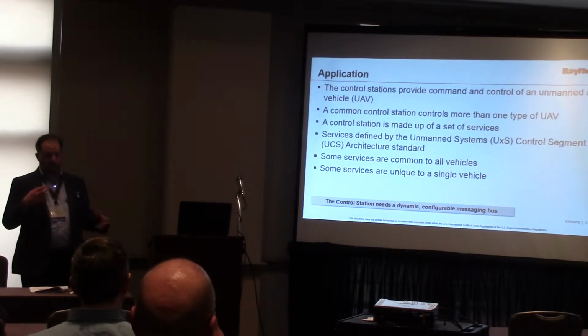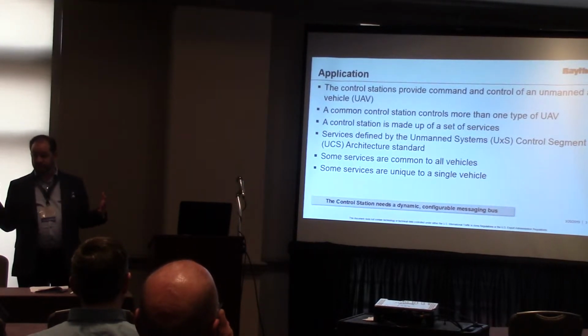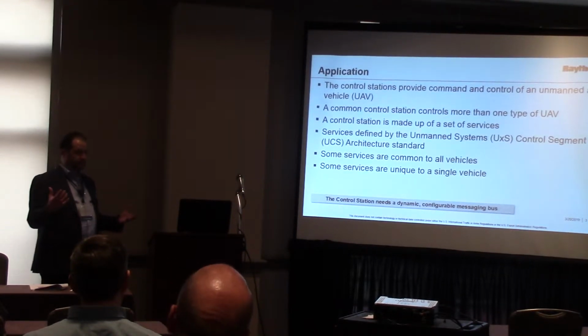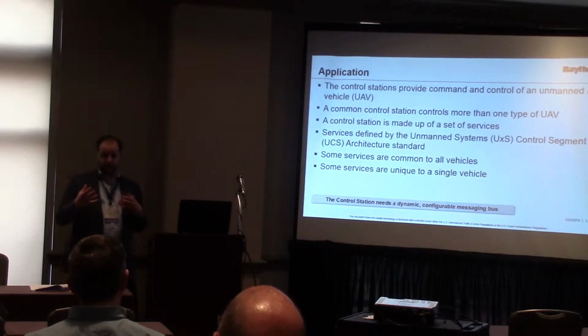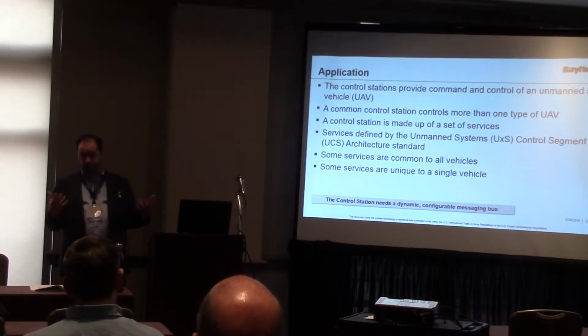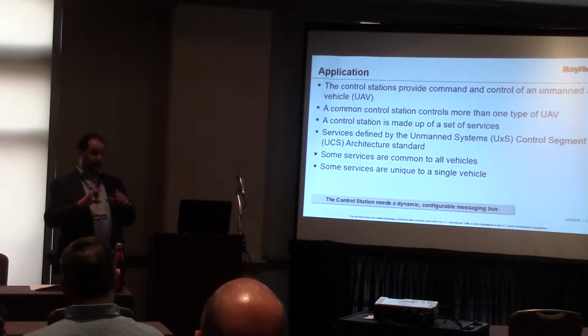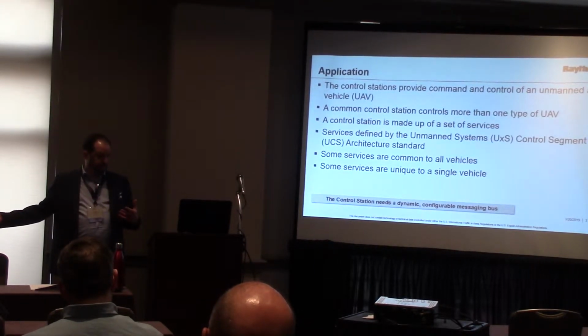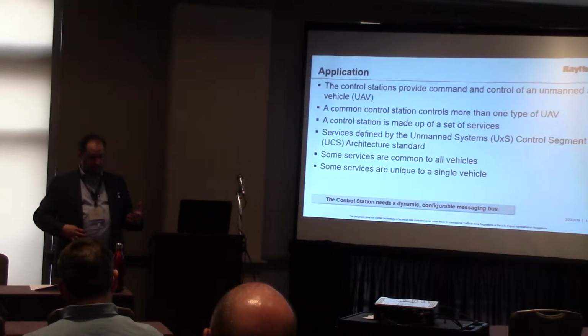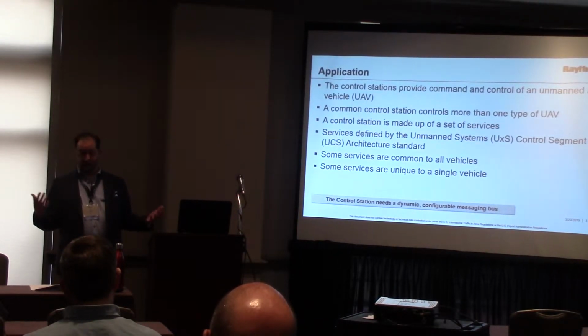The interesting part is, as I said, there are about 150 of these services within the control station. Some of those services are designed to be common, and some are designed to be unique. At some point, we have to leave our data model and figure out how to talk to the air vehicle. All the air vehicles don't follow common standards for how you talk to them.